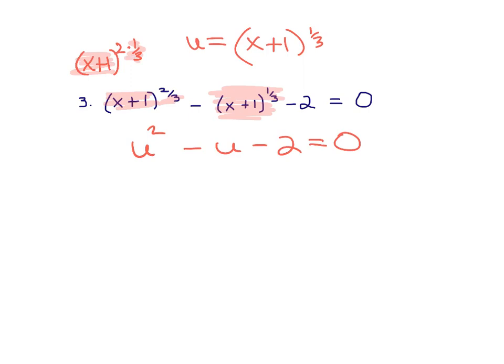So now I have a simple quadratic that I can factor. So the factors of -2, that when I add them give me -1, and this will be u minus 2 and u plus 1. I solve each of the factors.